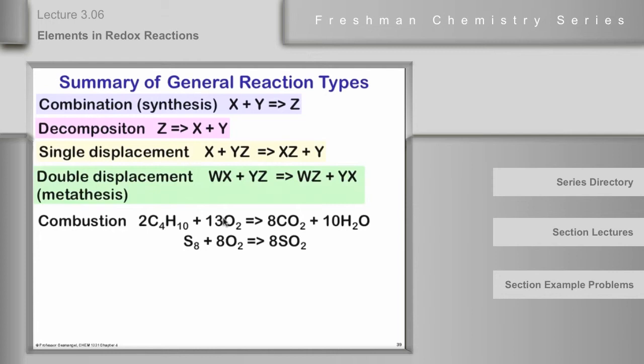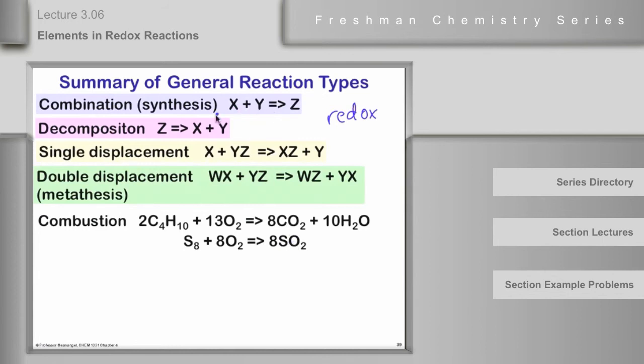Now usually, we talked about combustion reactions, for example. Combustion reactions don't necessarily fit perfectly with these 4 general types, so we will consider them separately. Also, if you think about redox, combustion reactions are certainly redox reactions.